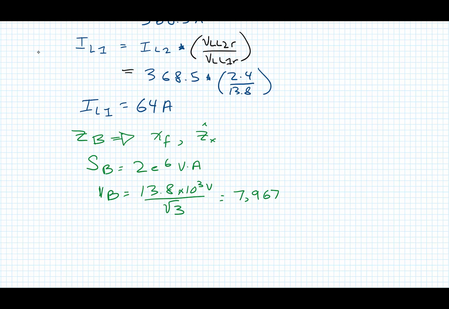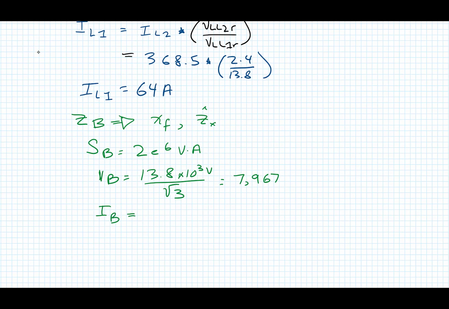So that's our voltage base. Our I base is S base divided by 3 times V base, 2e to the 6 over 3 times 7,967. So that's 83.7 ohms.